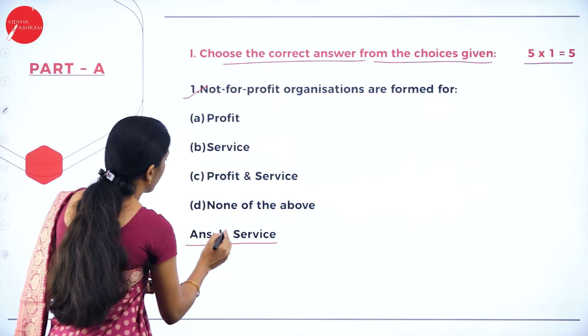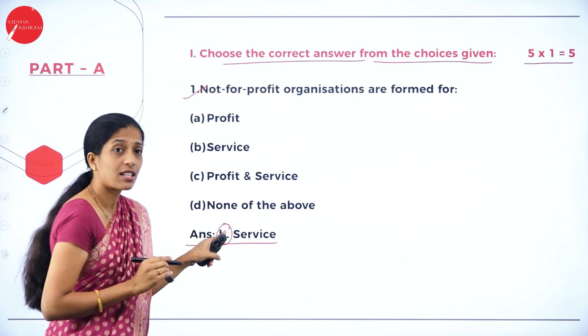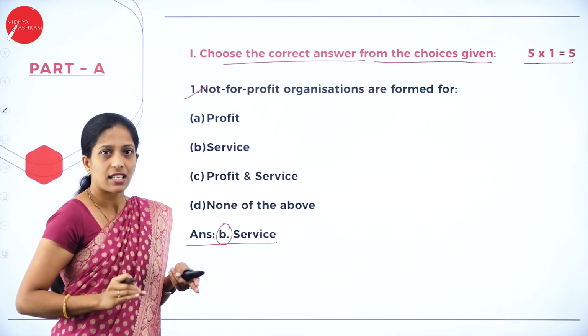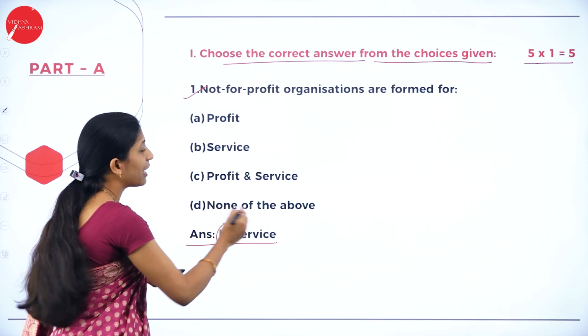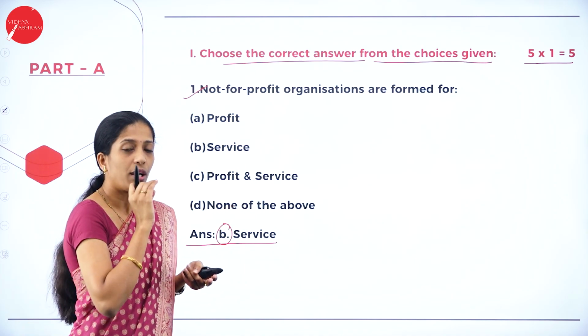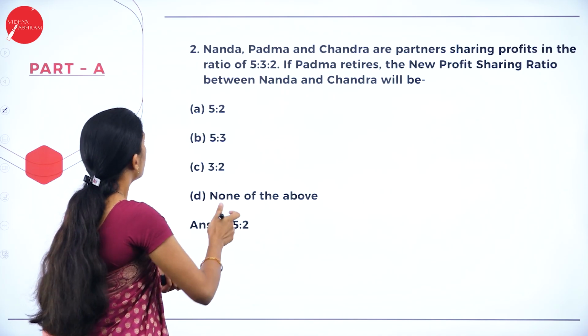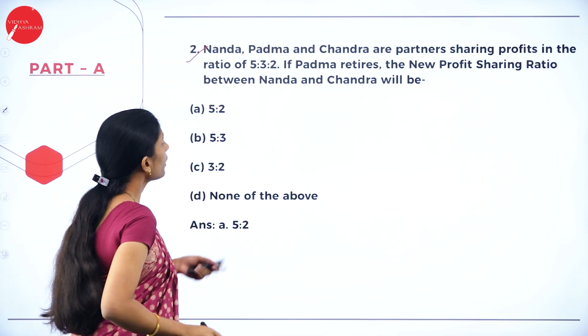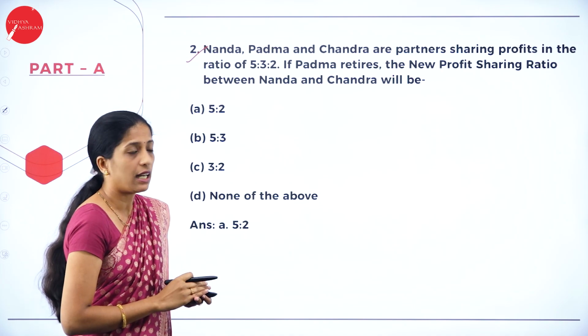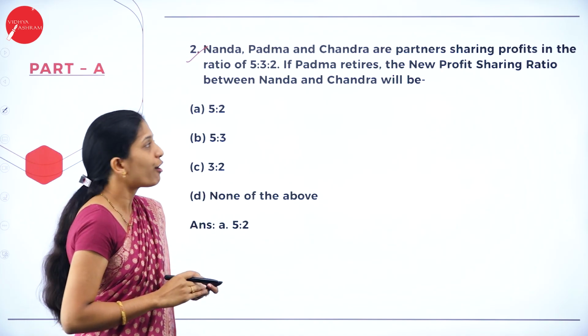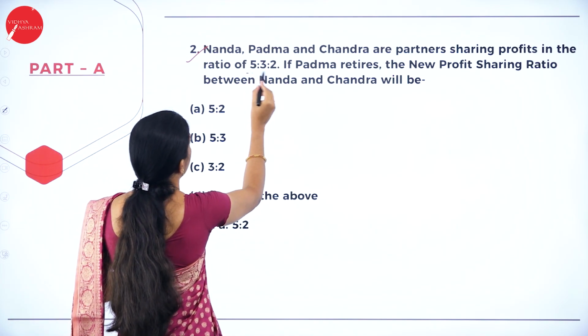And one more thing, while you are answering, you have to write this A, B, C, D, along with whatever they have given, in your answer. So, B, service. You have to write this also. Now, your second question is, Nanda, Padma and Chandra are partners sharing profit in the ratio 5:3:2.